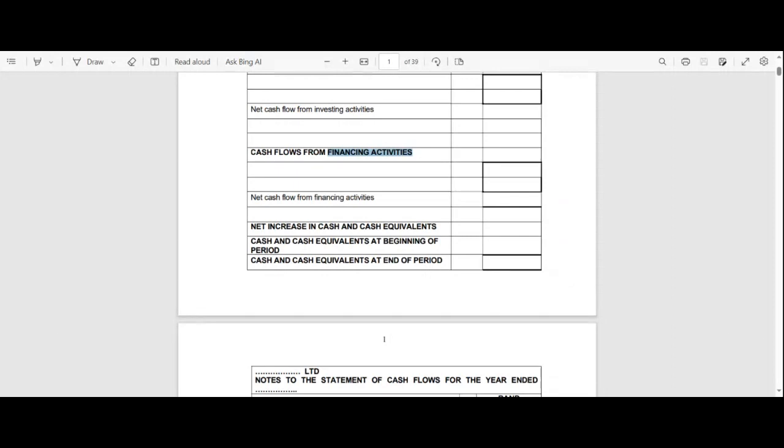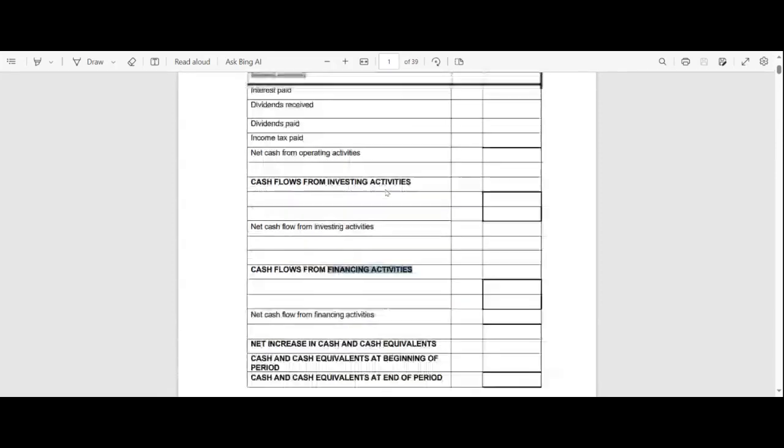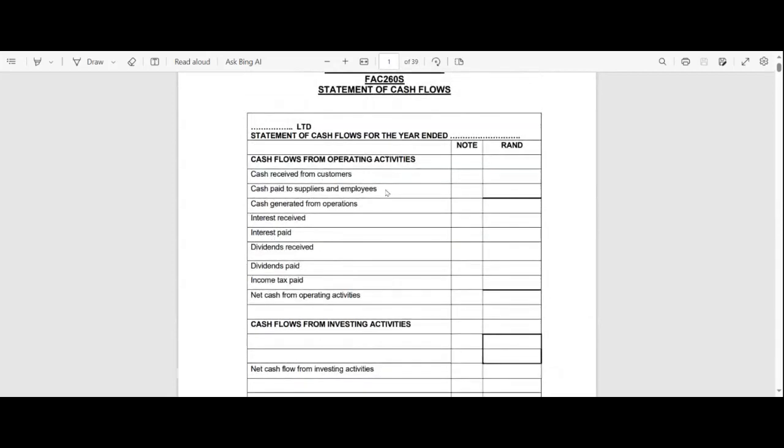Now, originally, about 50 years ago, when the original precursor of this statement of cash flows was designed, in other words the sources and applications of funds, those brilliant minds at the IASB, or the IASC as it still was at that stage, basically analyzed a business and found that a business has three distinct activities.